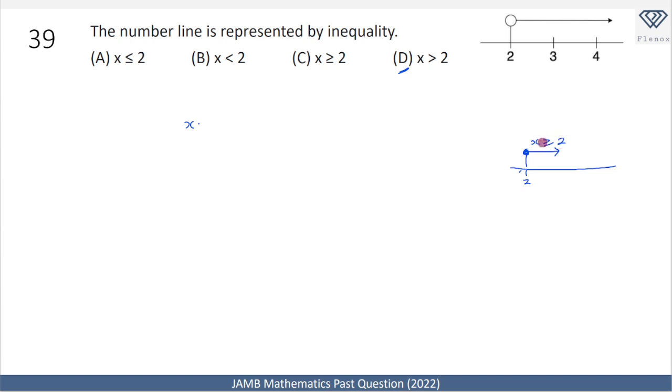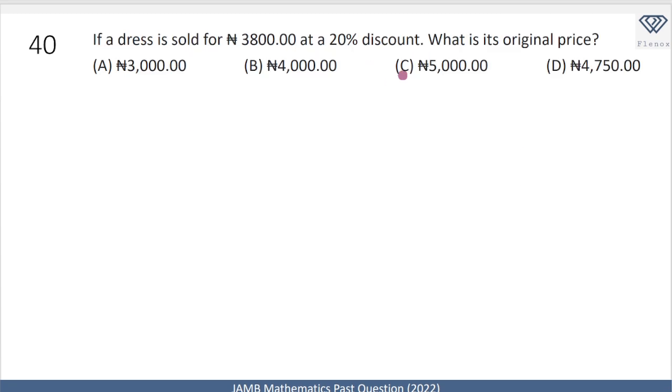But because it is not shaded, it just represents greater than 2, which makes D the correct option. For more understanding of number lines, I encourage you to watch tutorial videos on inequalities to get a better grasp of how it works.